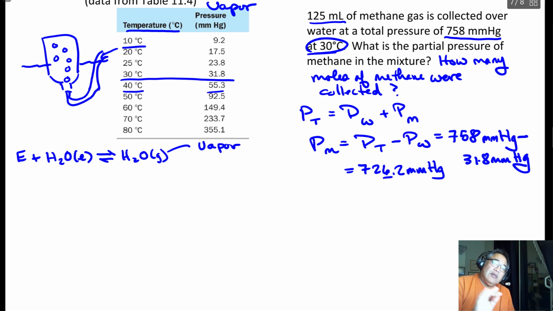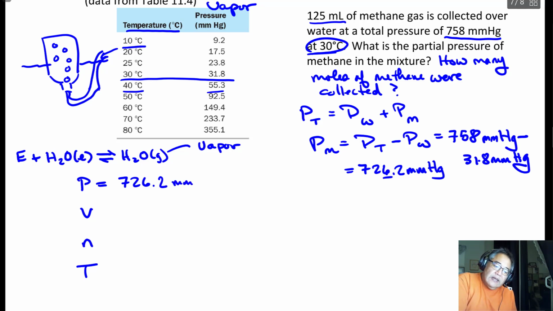Now, to figure out how many moles of methane there are, you use the ideal gas law. So you say P, V, n, and T. My pressure is 726.2. By the way, it's significant to the 6 there, so 726.2 millimeters of mercury. Now, you should recognize at this point that it needs to get converted over to atmospheres, so it's going to be 1 atmosphere over 760 millimeters of mercury.